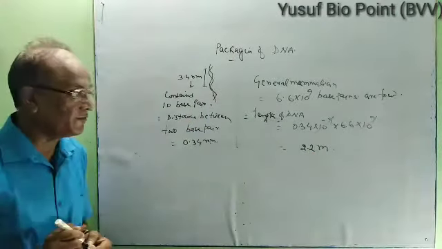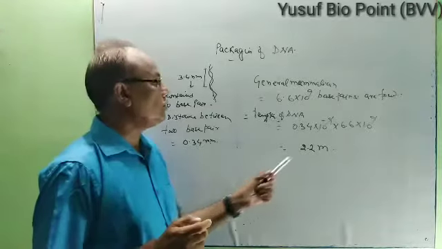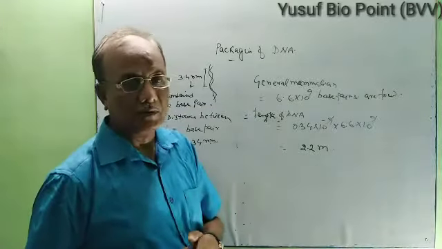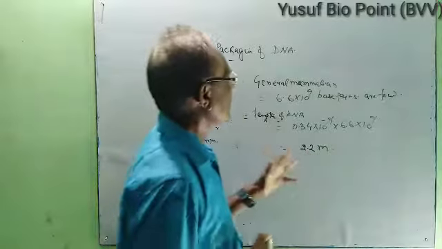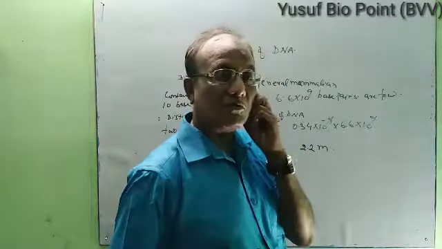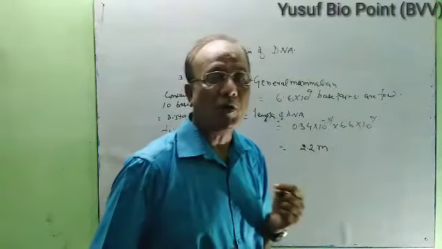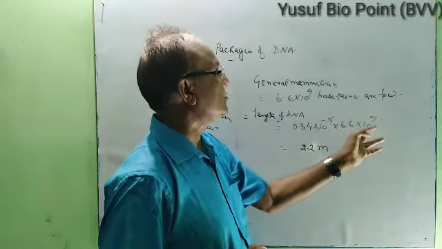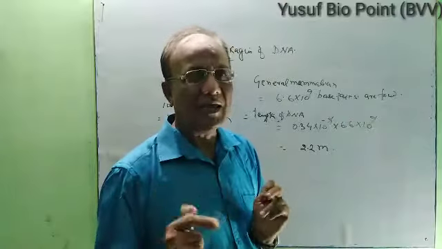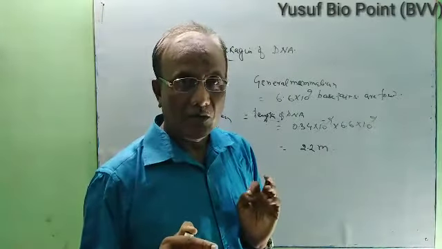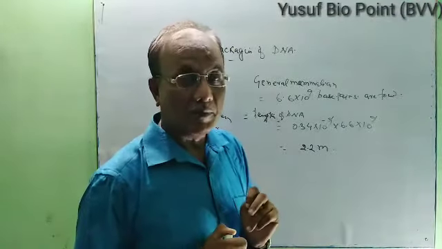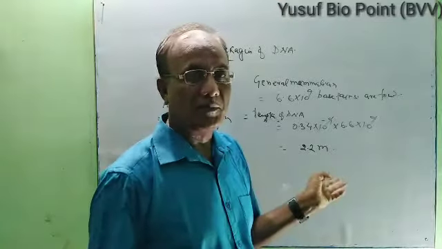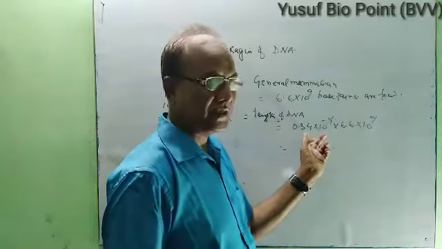So the length of the DNA is 2.2 meter. And like that, if the question is asked, if someone has 5.5 into 10 to the power 6 or 9, whatever, base pairs, what will be the length of that? So multiply this with this number.